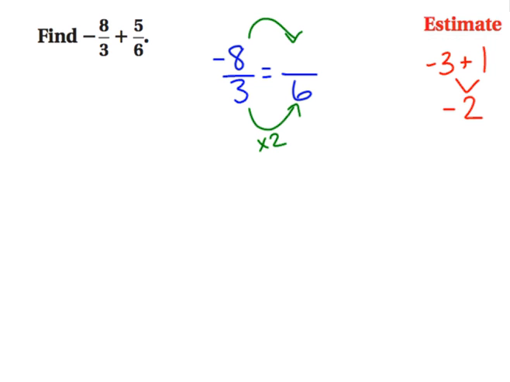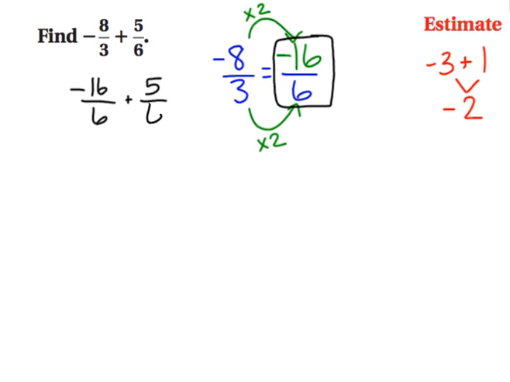And since we're multiplying by 2, I'm going to do that for both the numerator and denominator. So -8 multiplied by 2 is -16/6. And since those two values are equal, -8/3 and -16/6, I can substitute that value right below the -8/3. So now I've got two fractions with common denominators.